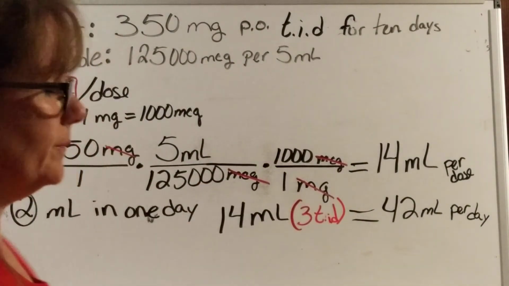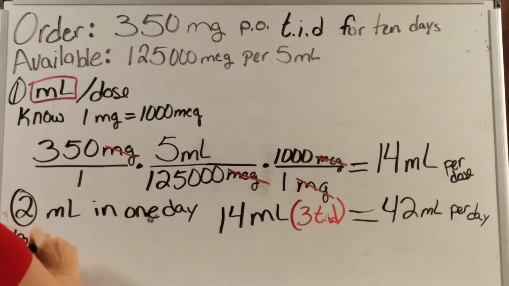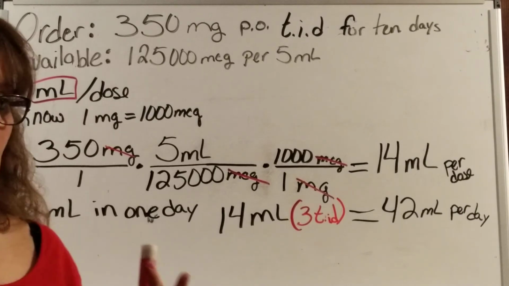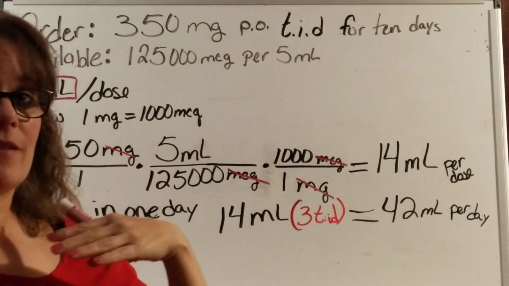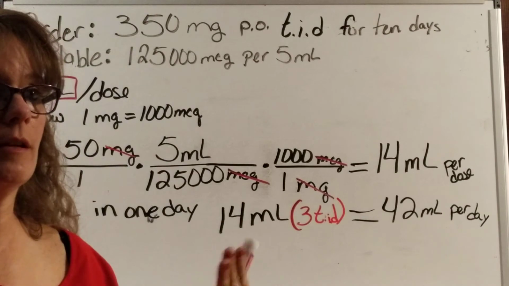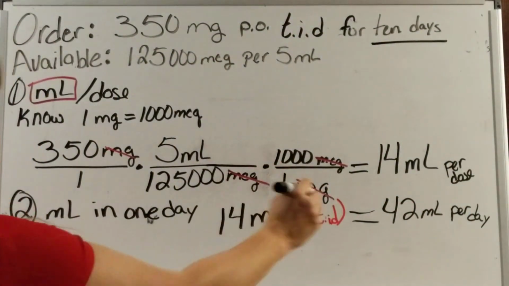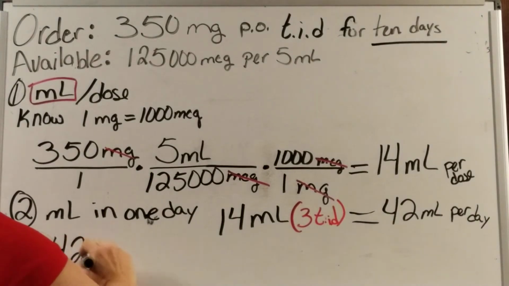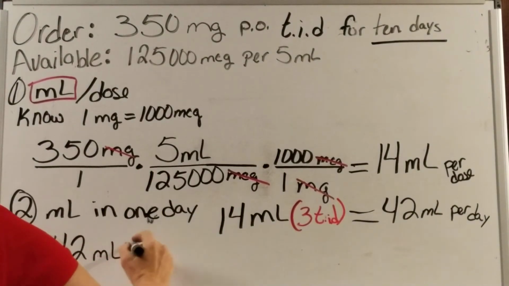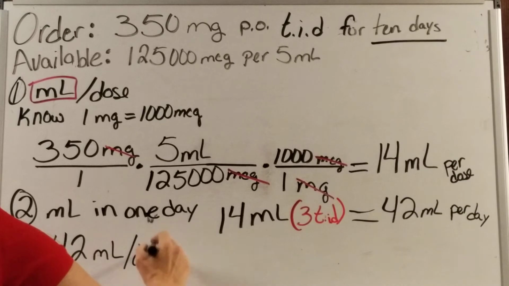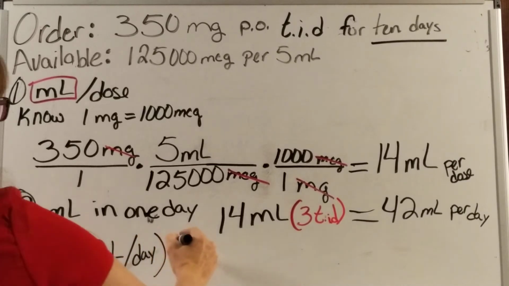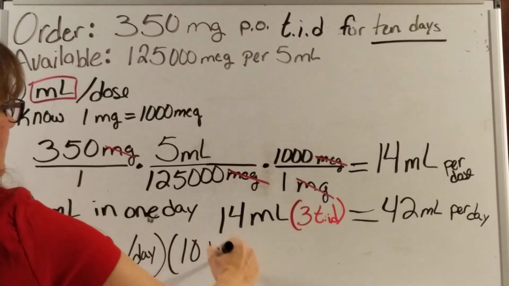Question 3. How many milliliters are they going to take for the whole total time that they are prescribed? The total time is 10 days. So I'm going to take my 42 milliliters per day, and I'm going to multiply it for the next 10 days.